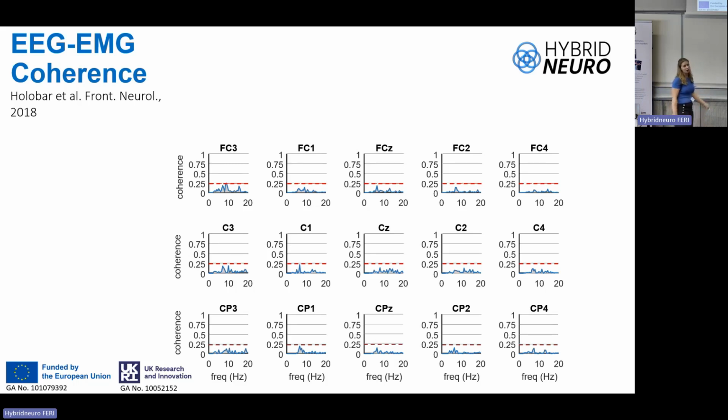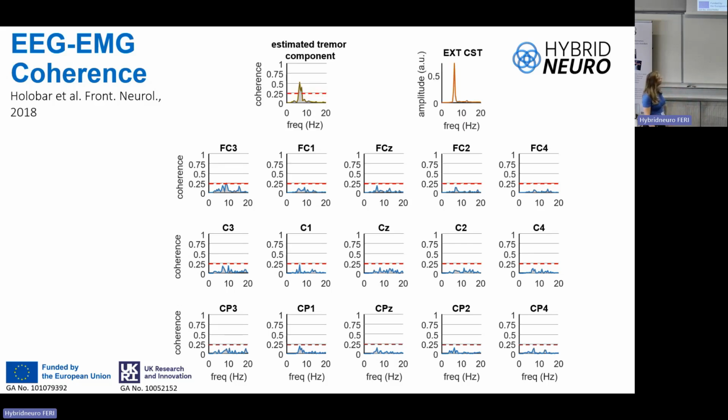But if we calculate coherence with each of our extracted components, we can see a significant result. So this is evidence that the proposed method outperforms the classical standard method.